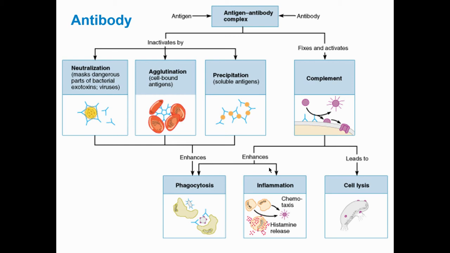They can cause agglutination. So, especially IgM, which has those 10 binding sites, can hook up a lot of different things. When you look at blood types, and we talked about transfusion reactions, this is caused by IgM.